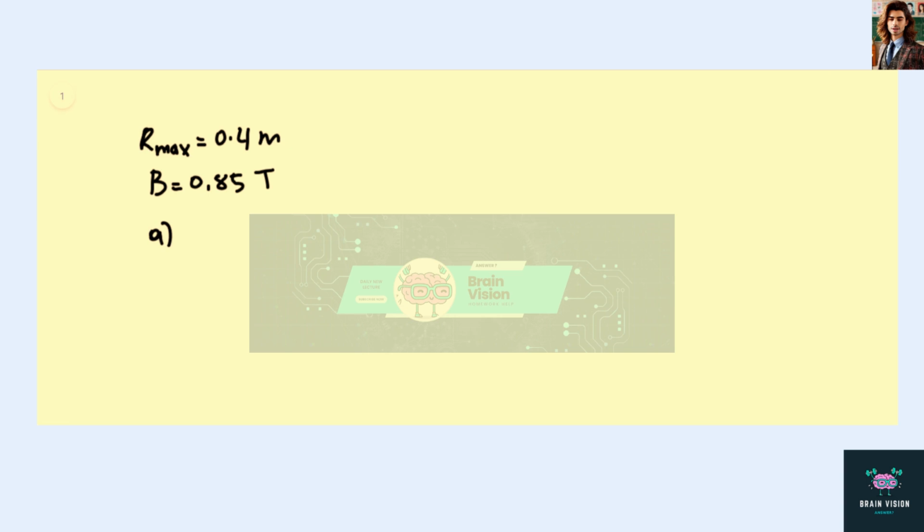In order to figure that out, we need to first calculate the maximum speed that the proton can have. From there, we can go to kinetic energy, the maximum energy that this proton can have, using this equation.